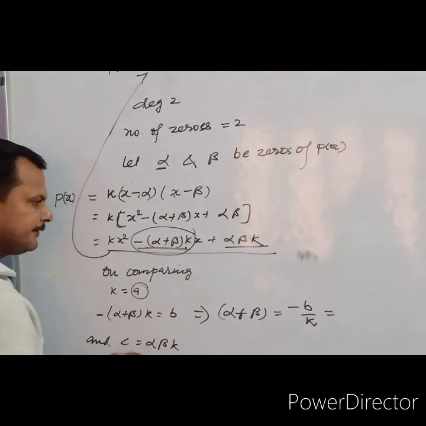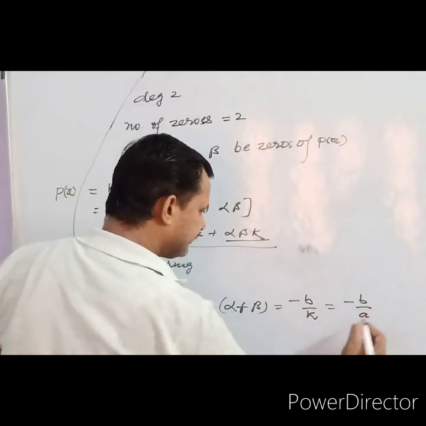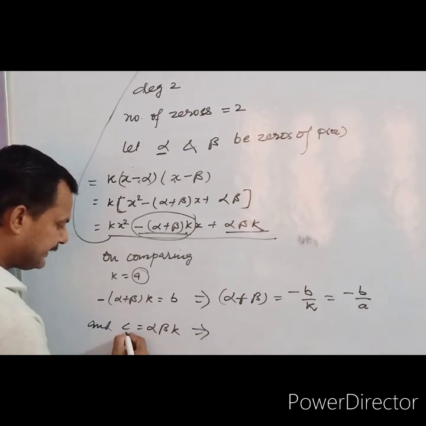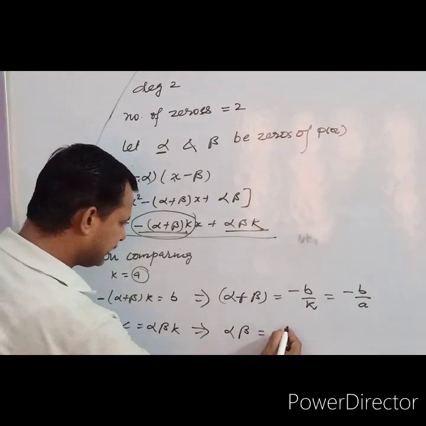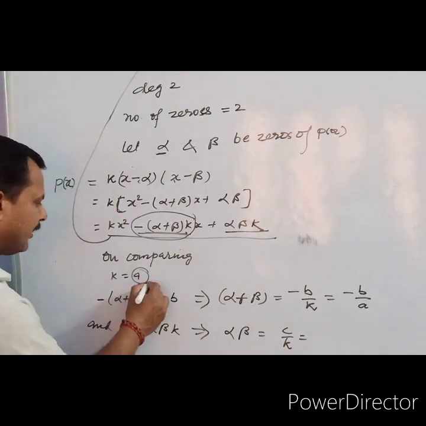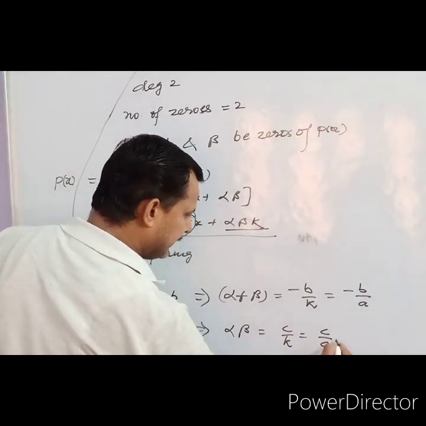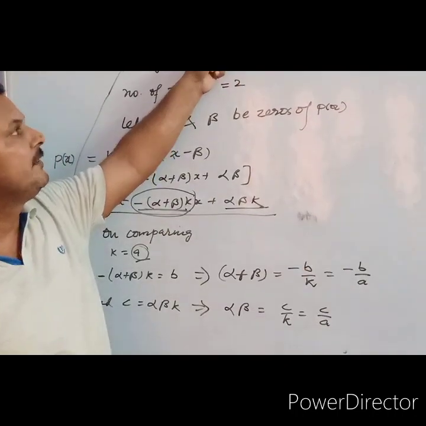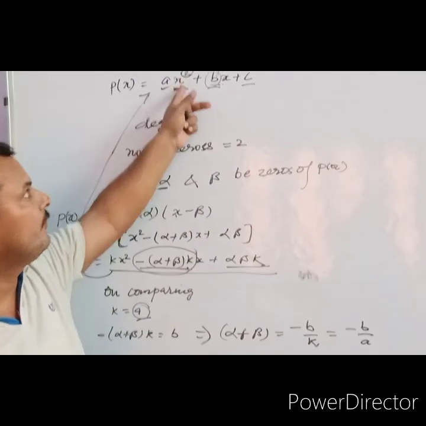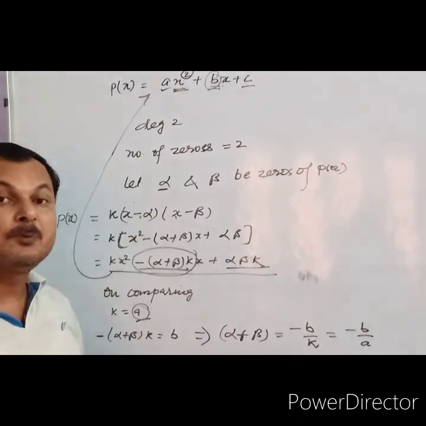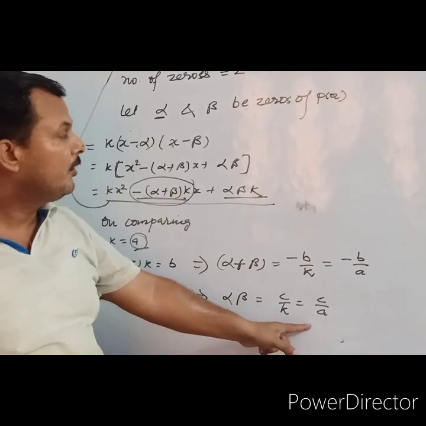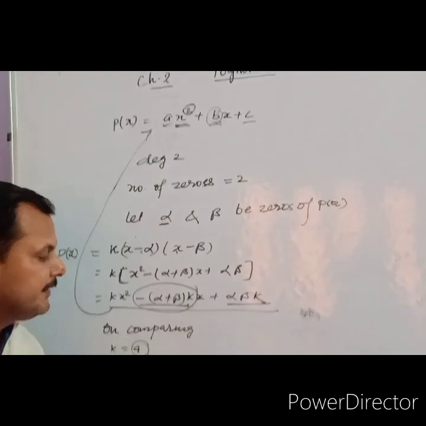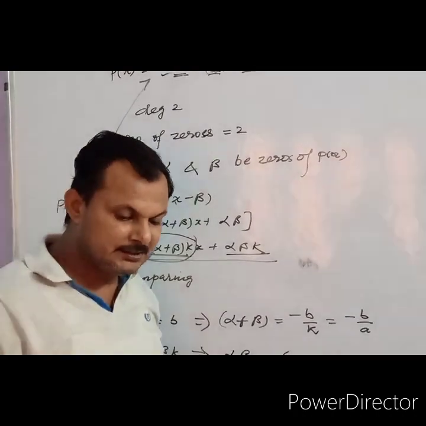But k is equal to A, so you can write minus b by A. And if you transpose k to this side, alpha beta is equal to C by k, and k is equal to A, so C by A. So we got the relation: sum of zeros is equal to minus coefficient of x upon coefficient of x square, and product of zeros alpha beta is equal to C upon A, the constant upon coefficient of x square. This is the important relation we got.